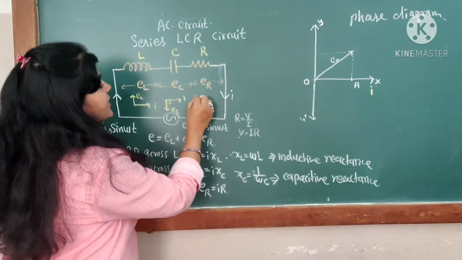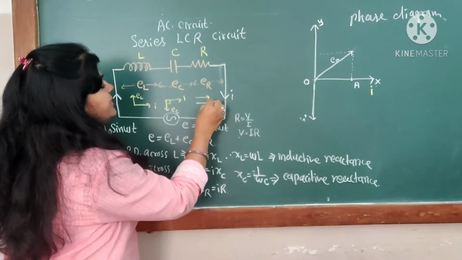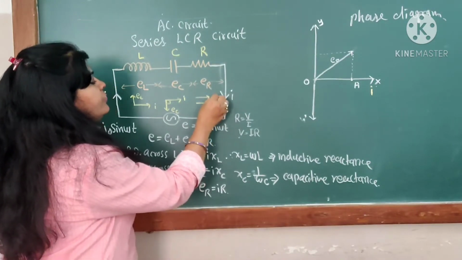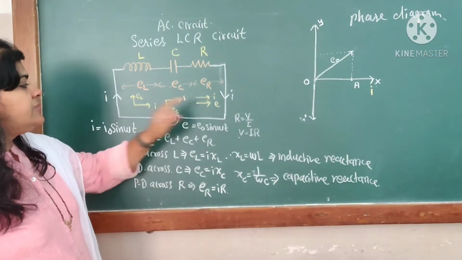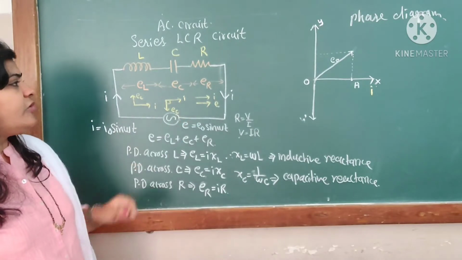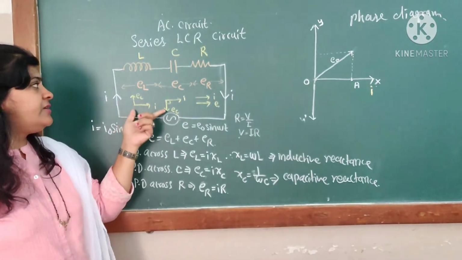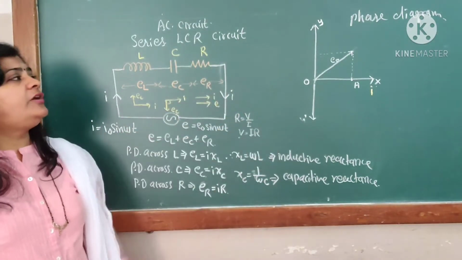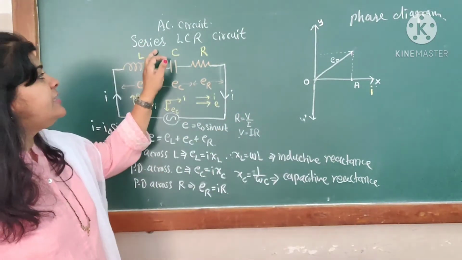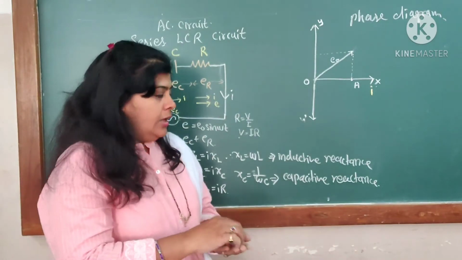If the resistance is there, both are directed in the same direction, and the phase angle is 0. Like that, there are three phasor diagrams. These three phasor diagrams combined together will give the phase diagram of this series LCR circuit.